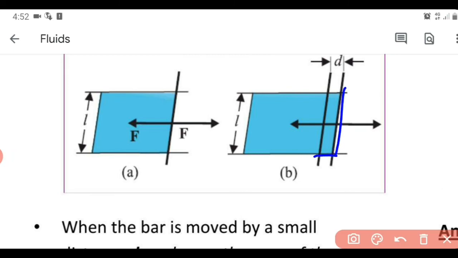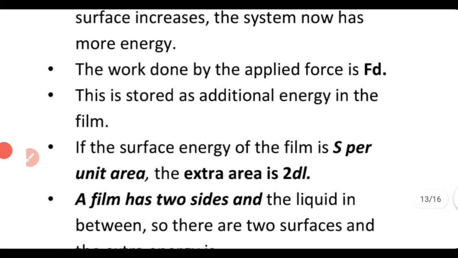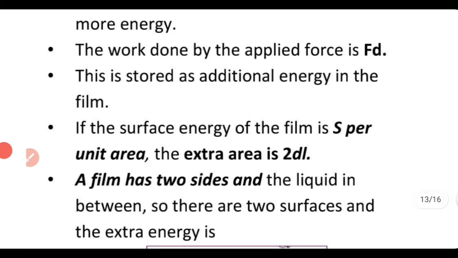So L into d is the increase in area. And the film has two surfaces, so the total increase in area is 2dl.